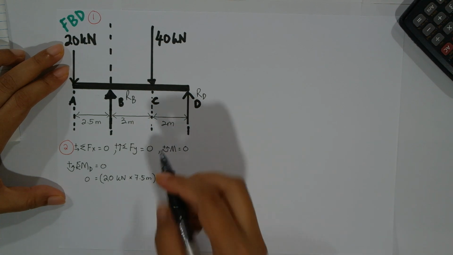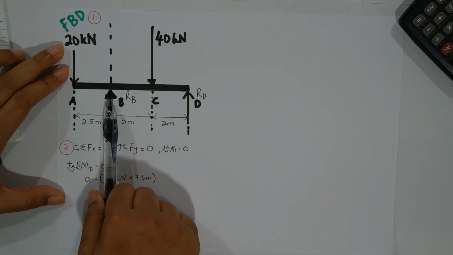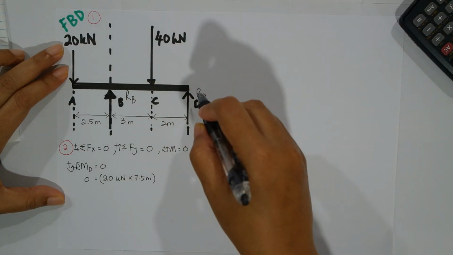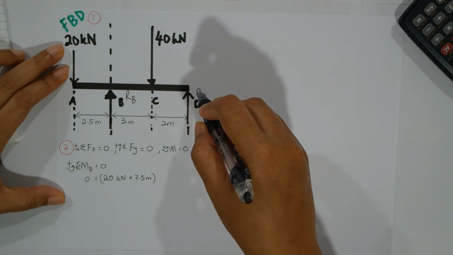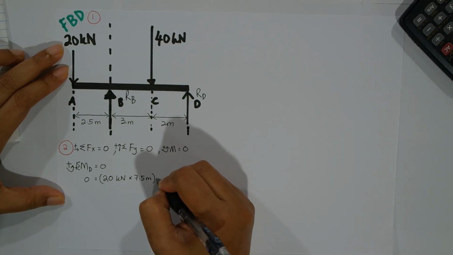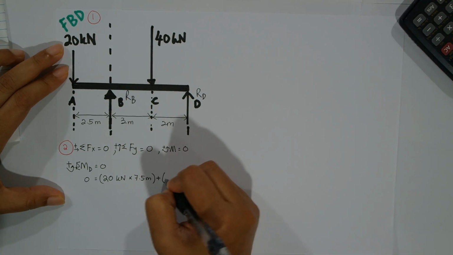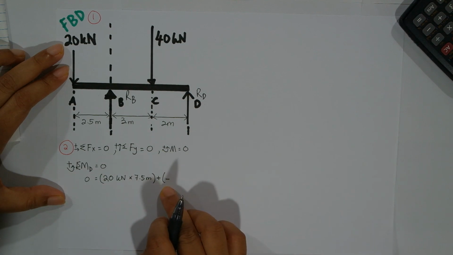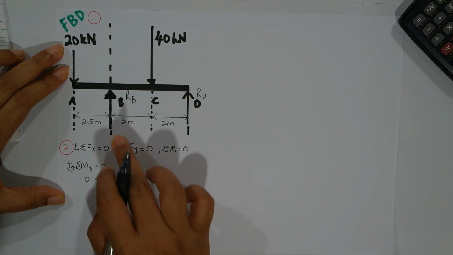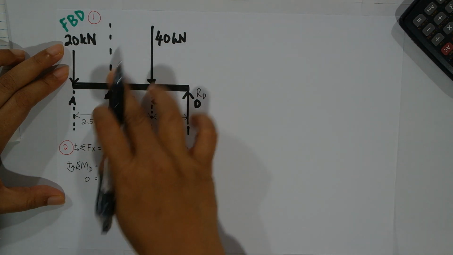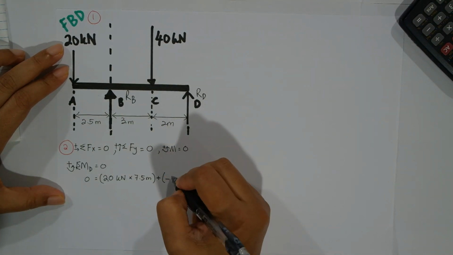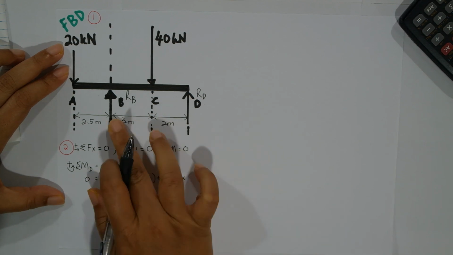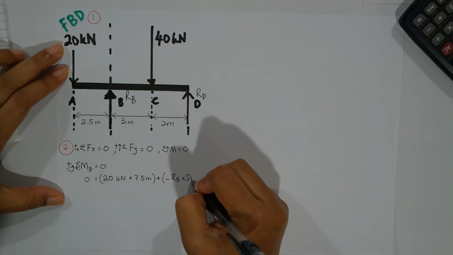Then we have RB. RB is going clockwise, so it is a negative moment, plus negative because it is a summation: RB times 5 meter.